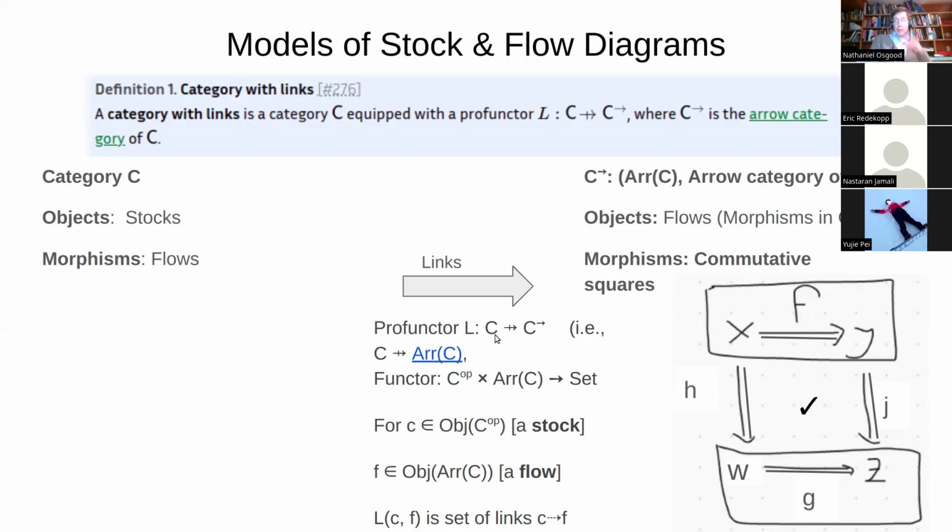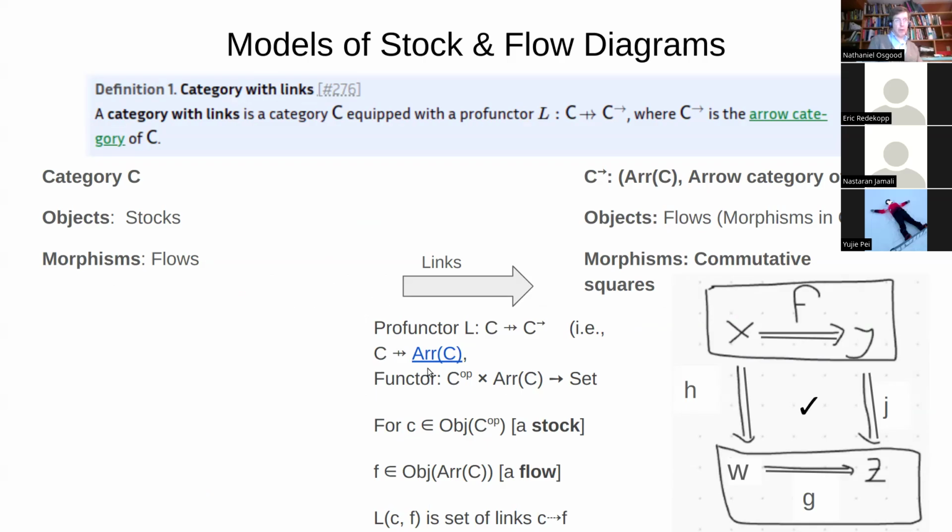So I'm saying we have a profunctor from C to the arrow category of C. And you may remember that a profunctor is nothing more nor less than a functor from the product category, the first factor being contravariant, times this category here on the right-hand side, arrow of C, to Set, right?